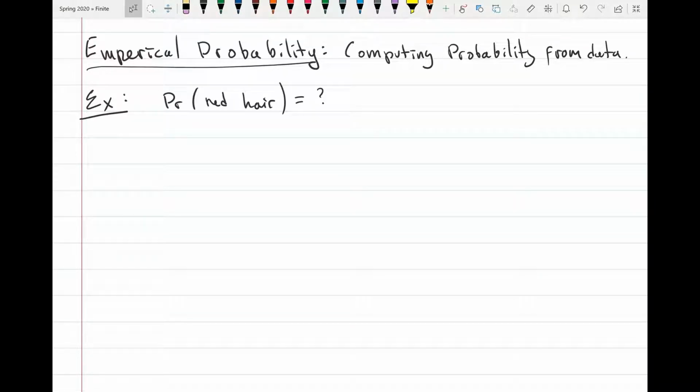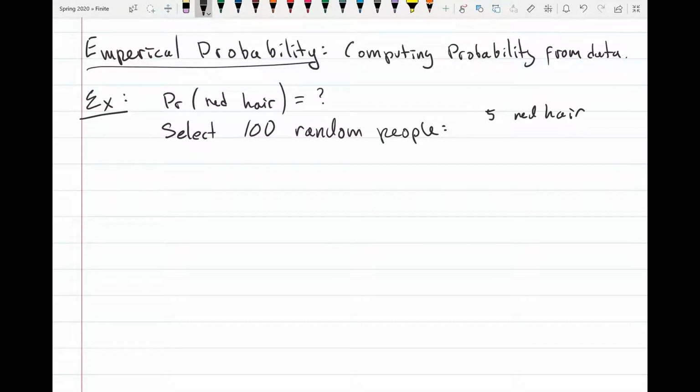So instead, you select 100 random people, and you see what color their hair is. From these 100, you see 5 have red hair, and 95 do not.